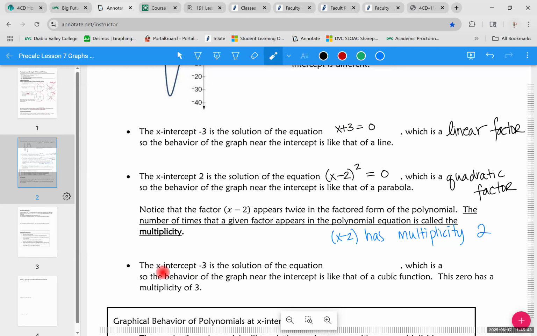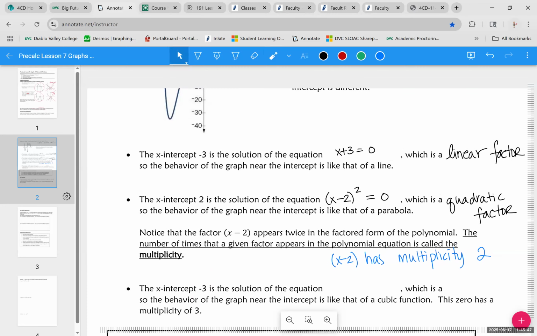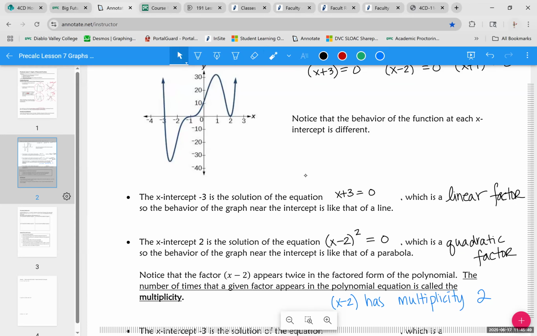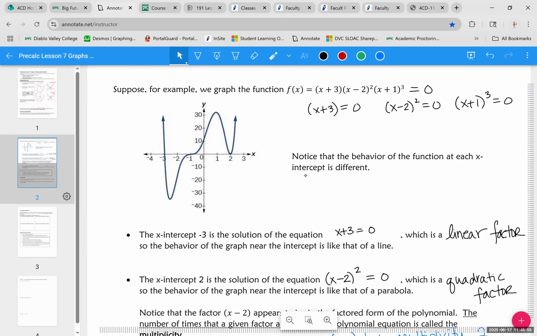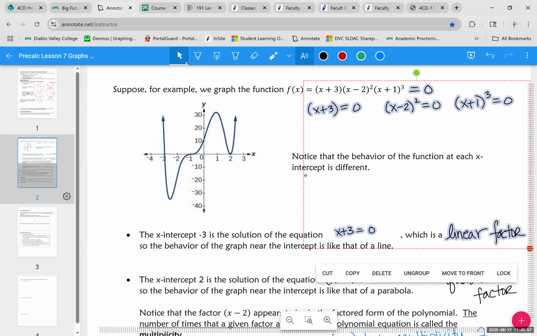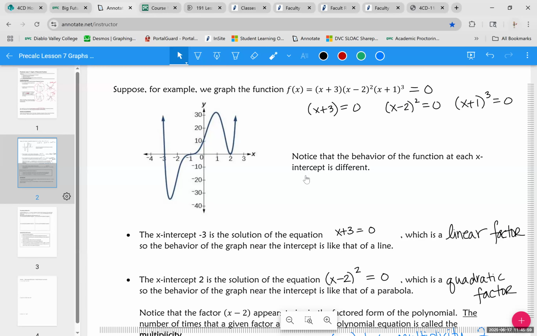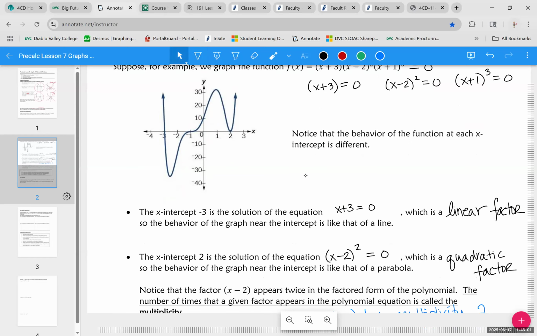So last but not least, we're going to look at the x-intercept -3. Oh, nope, that should not be -3. Sorry about that. That should be 3, right? That we've already done -3. Oh, no, it should be -1. That's what it should be. Let me fix that real fast. Sorry about that.